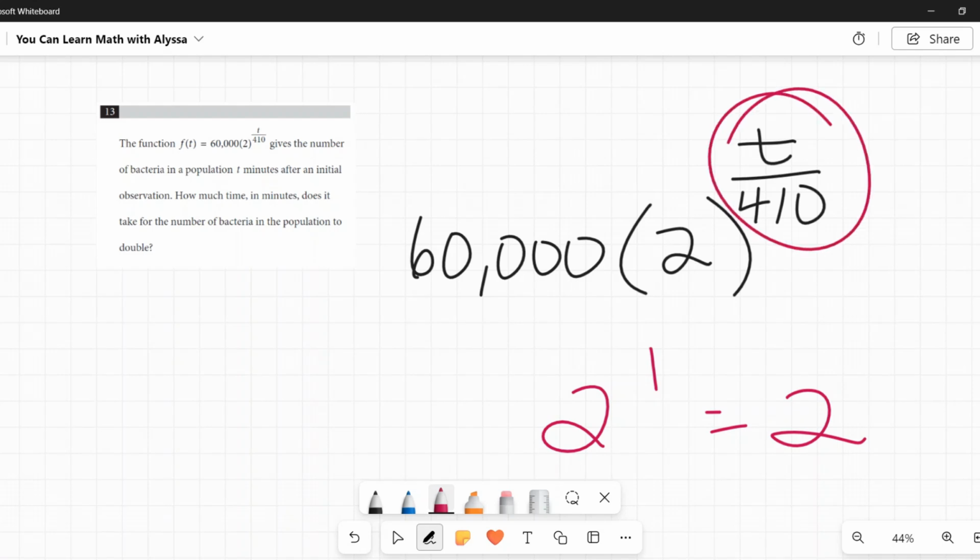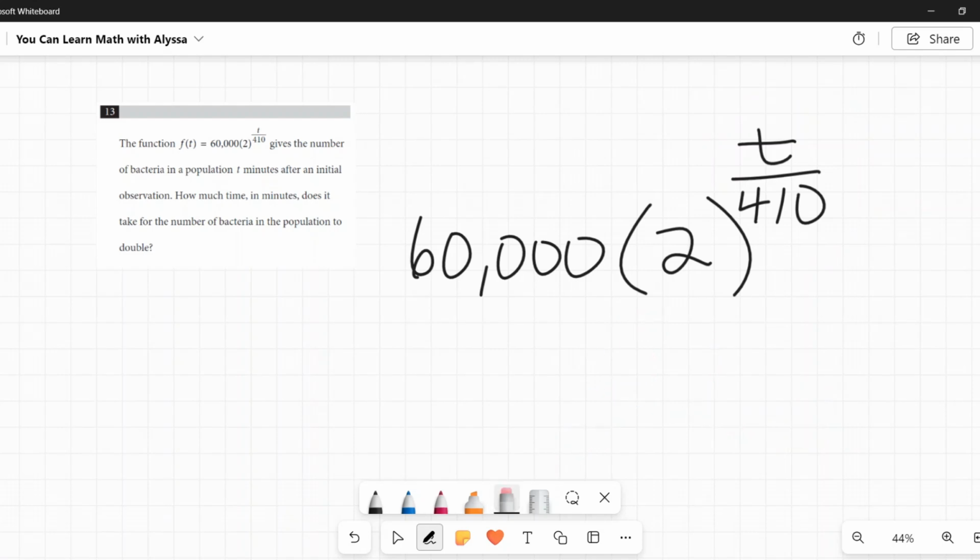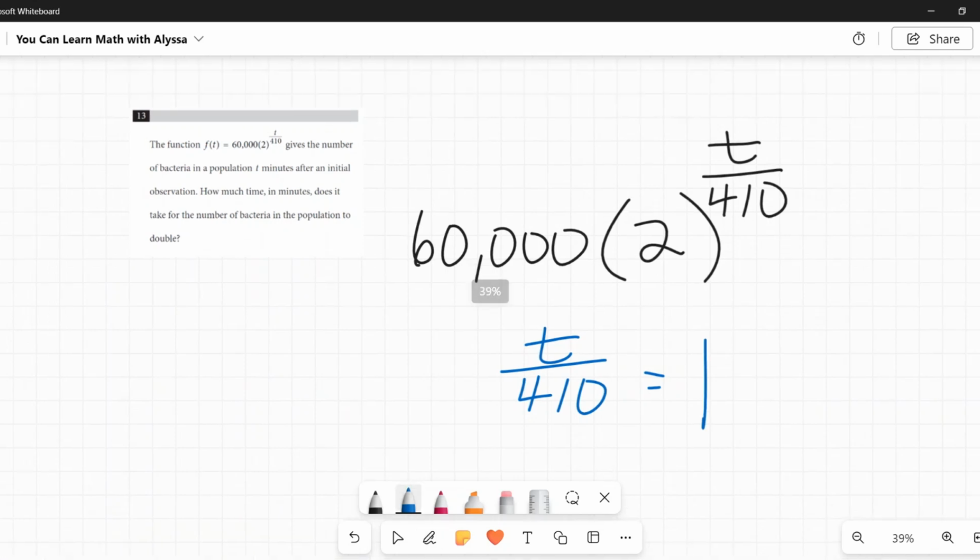So I want t divided by 410 to equal 1. You may look at that and just kind of know without doing any additional math what that would be. If so, that's great. You can move on then. If not, you need to write this out. That's fine. Just do whatever you need to do so that you get this problem right.